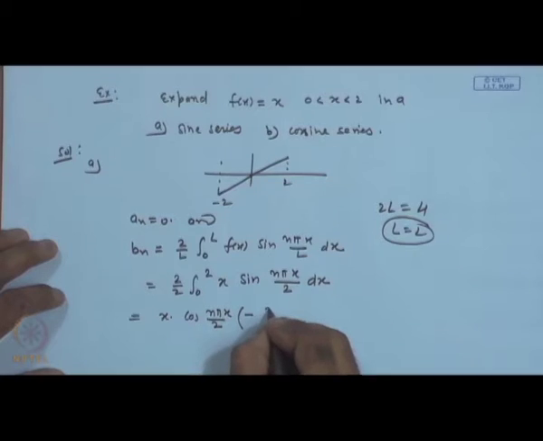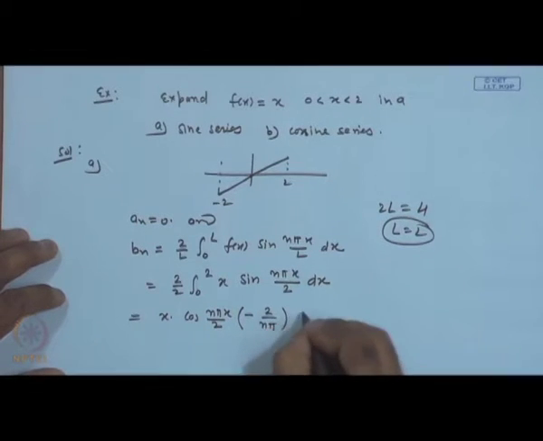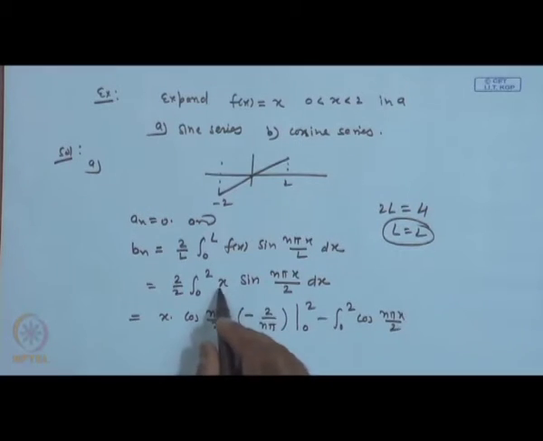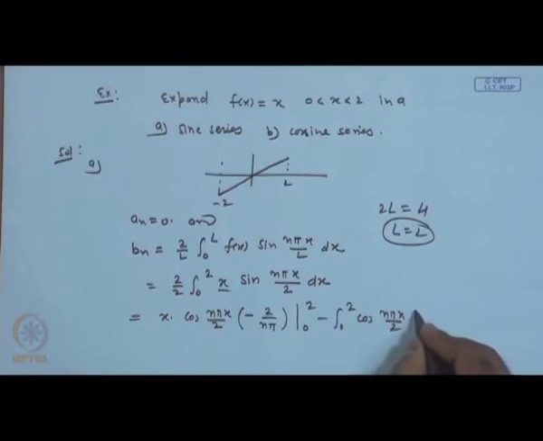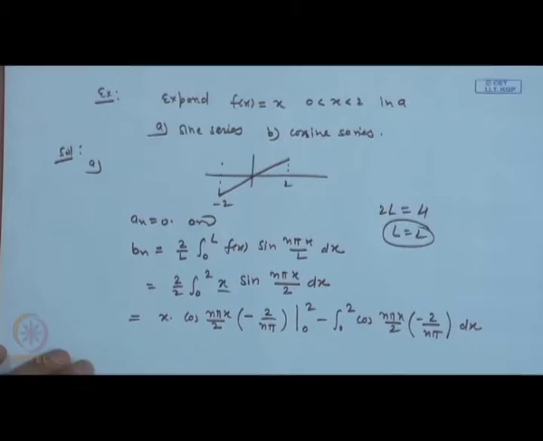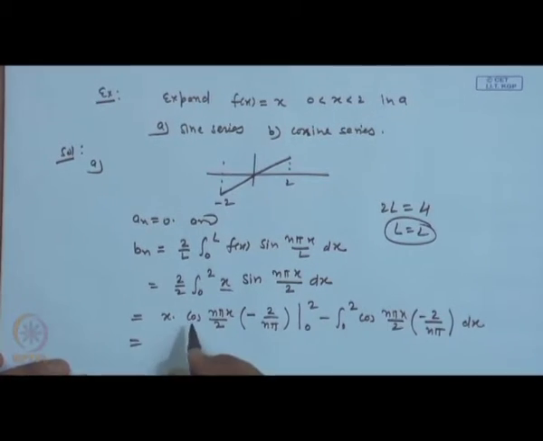So, minus 2 over n pi, from 0 to 2, then minus integral 0 to 2 of cos(n pi x over L), the differentiation of x being 1, again times minus 2 over n pi, dx.